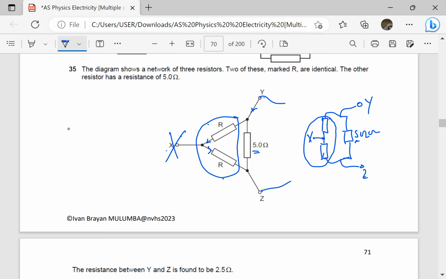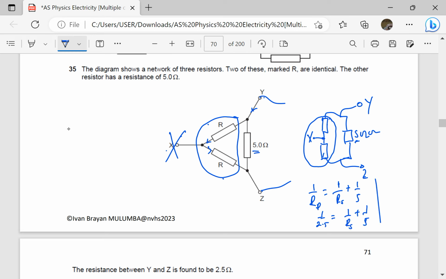Alternatively, we can say since they're in parallel, 1 over parallel resistance is going to be 1 over the resistance in series here plus 1 over 5. So 1 over parallel resistance is 1 over 2.5, which is equal to 1 over resistance in series plus 1 over 5.